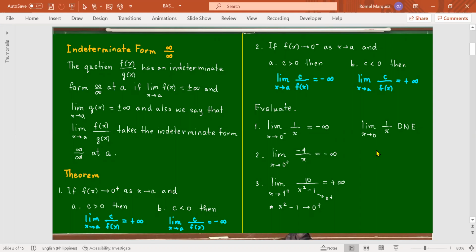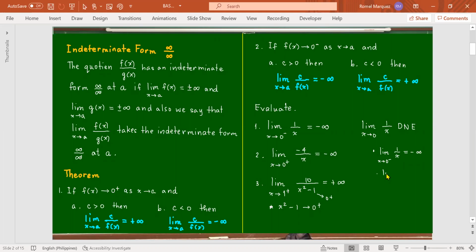Since they have the same, the limit from the right here is positive infinity, no? So they have different directions. Again, the limit of 1 over x as x approaches 0 from the left is negative infinity.